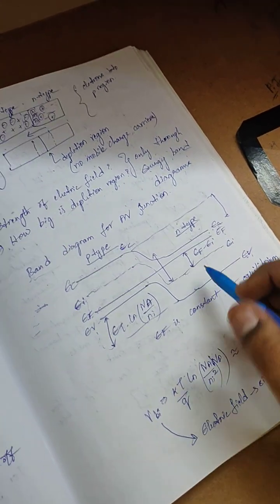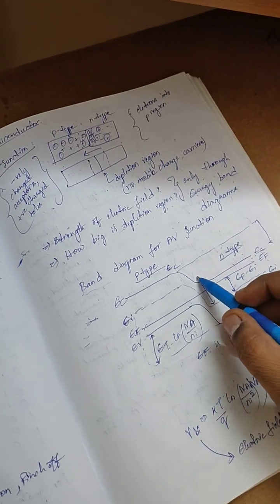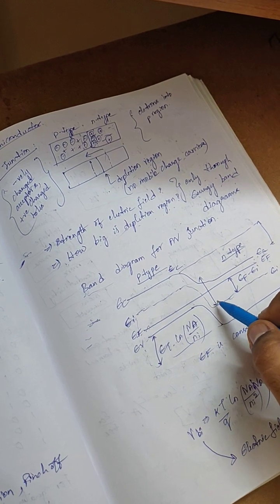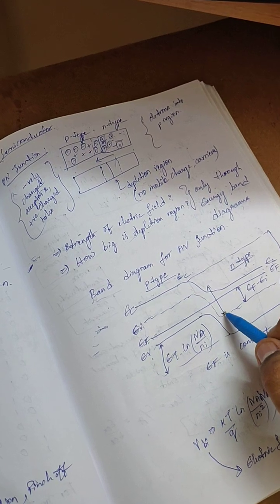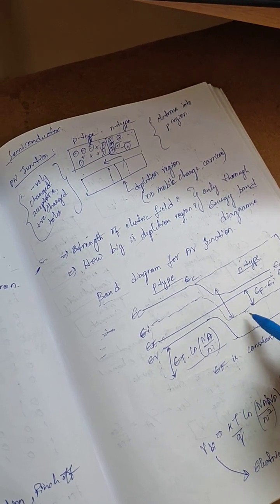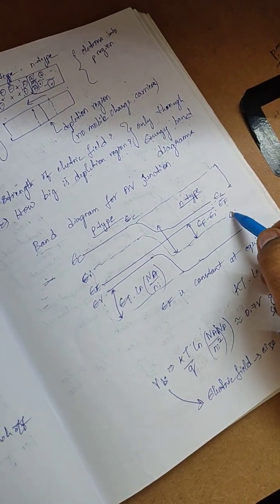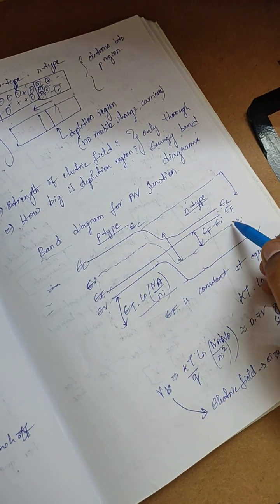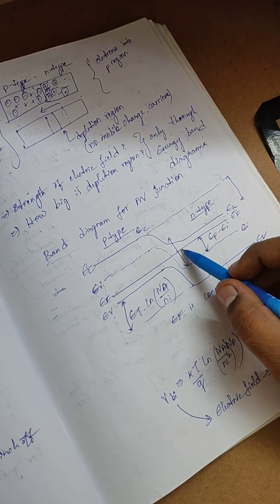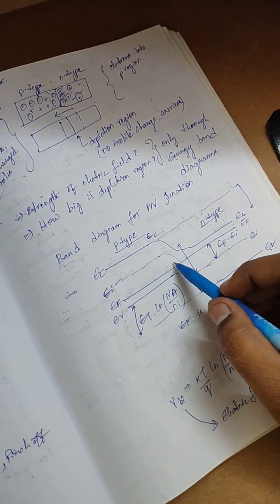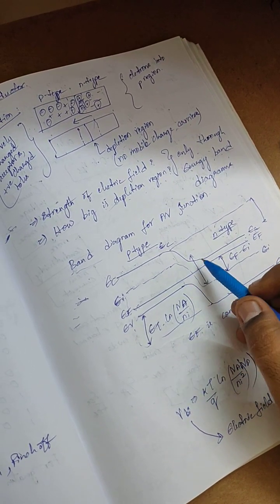For p-type and n-type, the distance between the intrinsic Fermi energy of p-type and n-type can be added: the intrinsic energy to Fermi energy of n-type plus the Fermi energy of p-type to intrinsic Fermi energy of p-type.